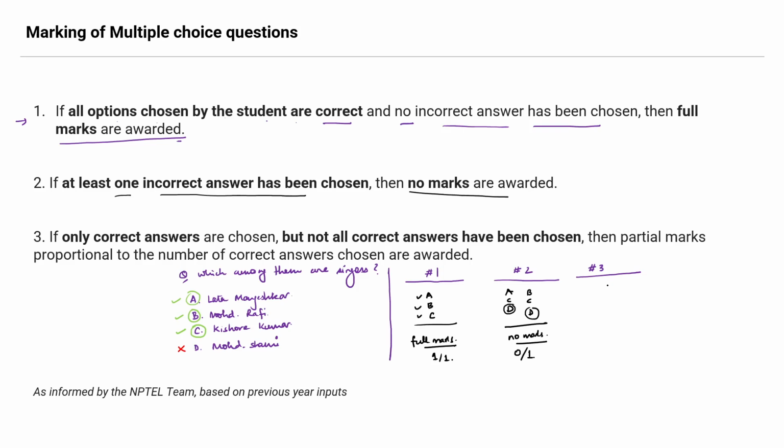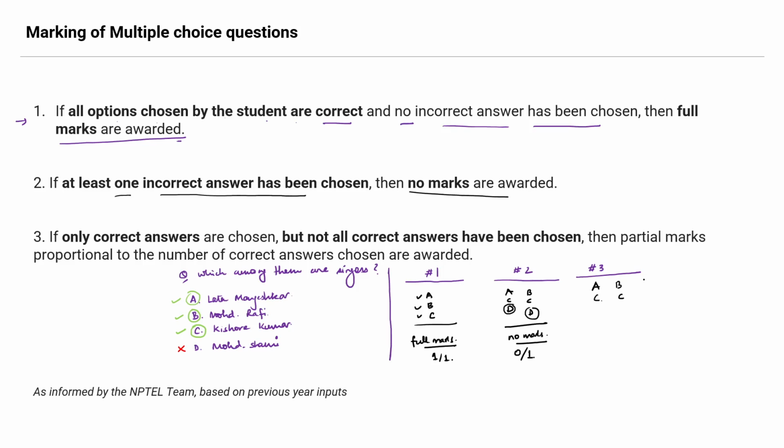Let's take scenario 3. Scenario 3 says if only correct answers are chosen but not all correct answers are chosen, then partial marks proportional to the number of correct answers chosen are awarded. So, which means if I select A and C, I submit. If I select B and C, I submit.